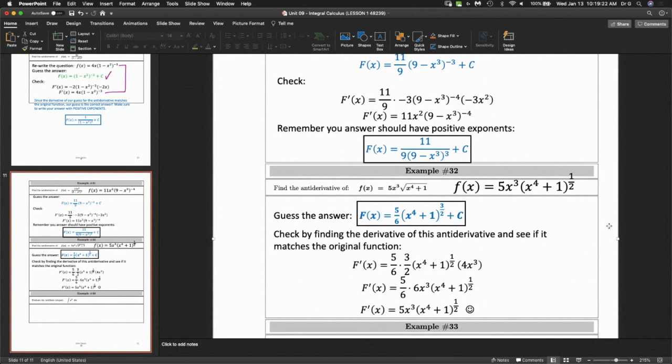And as far as you're concerned, these last few examples are the hardest thing you're going to see in this chapter, in terms of technical skill for finding antiderivatives. Everything else that we do beyond this is based on application and using more formal, more fancy notation.